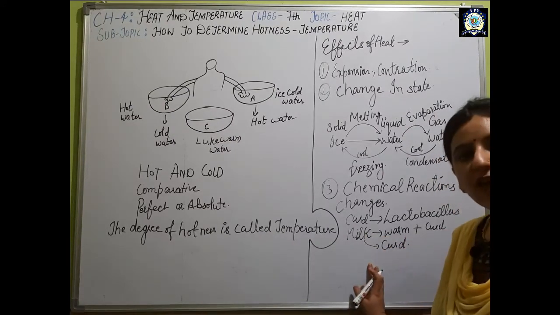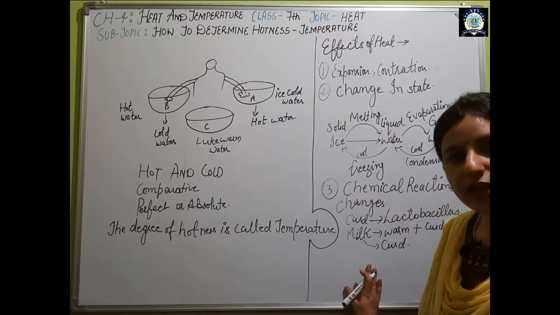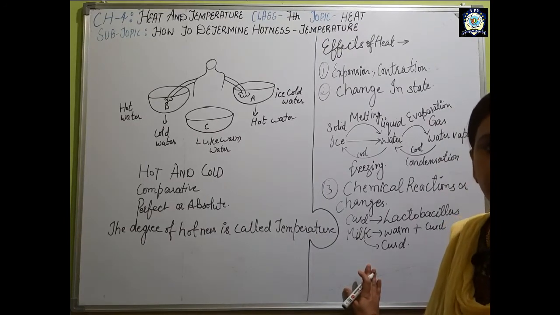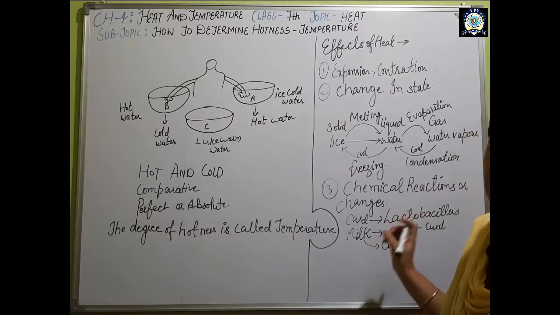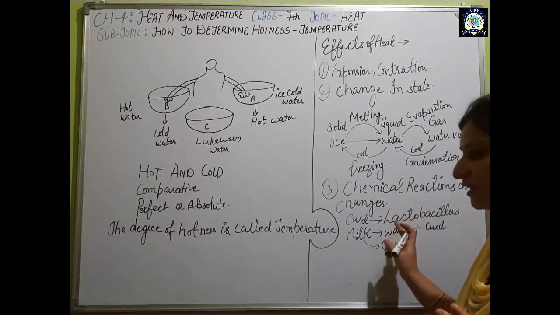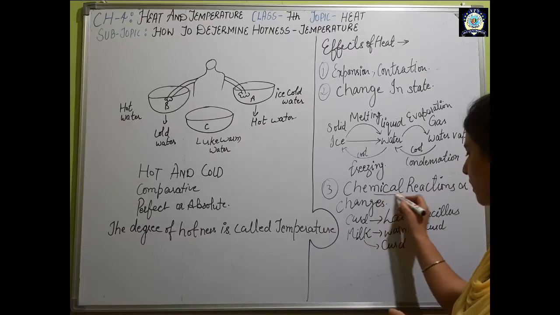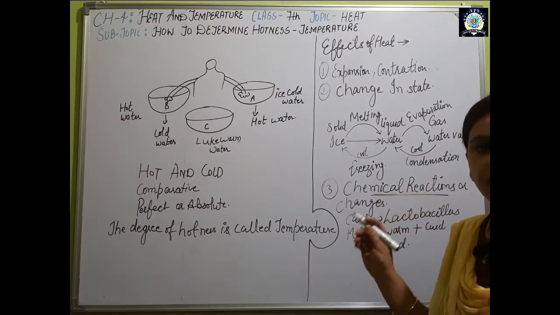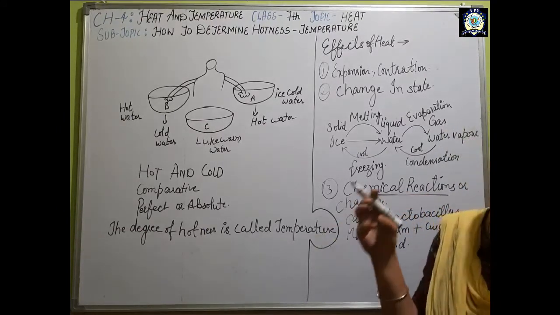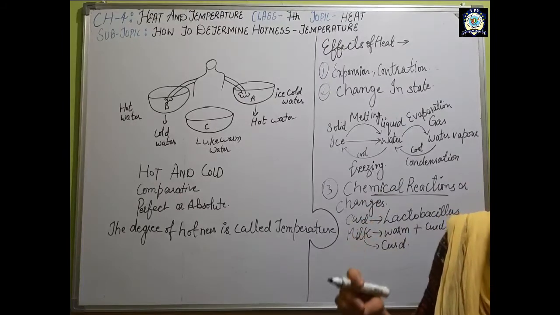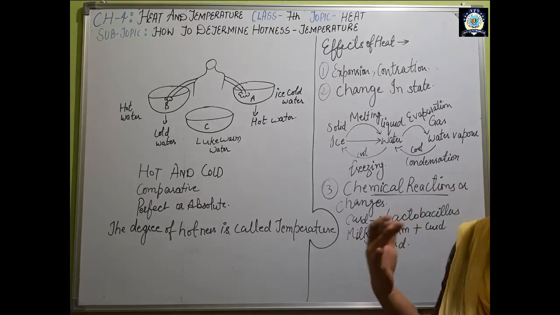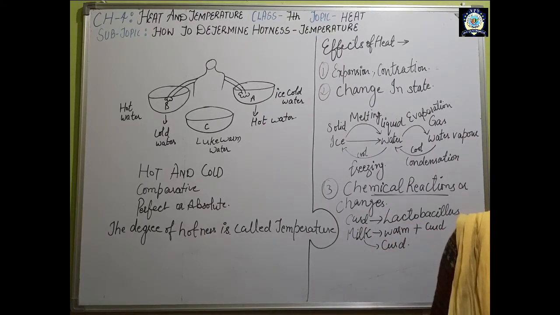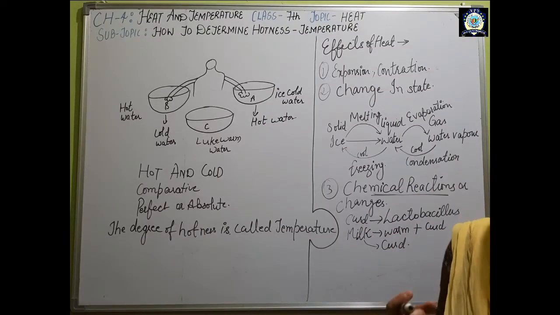So when we go for different types of food making, we also take the help of heat, because bacteria undergo chemical reactions in the milk and the bacteria will form the curd with the help of these chemical reactions. So heat also helps in chemical reactions in many food items.